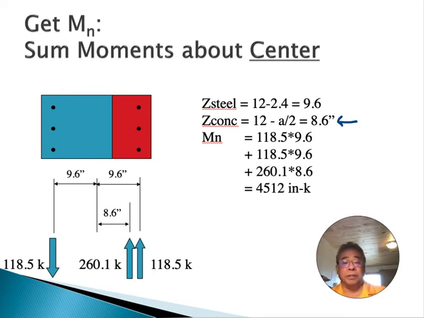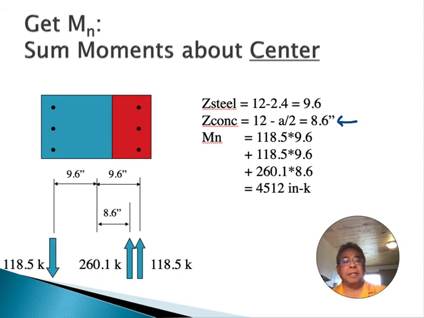This doesn't always happen. We'll do a couple different examples in class for your homework, but this is exactly what we're going to do for our homework, this exact calculation here. And we'll do it 3 different times to give you 3 different cases. But anyway, in this case, they're all going counterclockwise, so they all add together, and you get 45 12-inch kips.